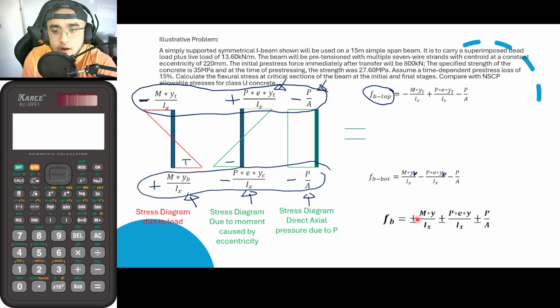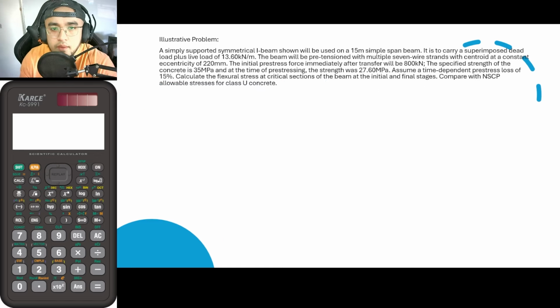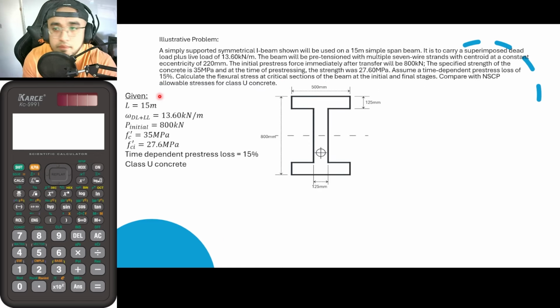Of course, this plus or minus would vary depending upon the fibers that you are analyzing, if it is either top or bottom. Proceeding, as you can see, we actually need the moment of inertia and the area. So I would rather solve for them first before anything else. Or maybe I would first write the givens here.